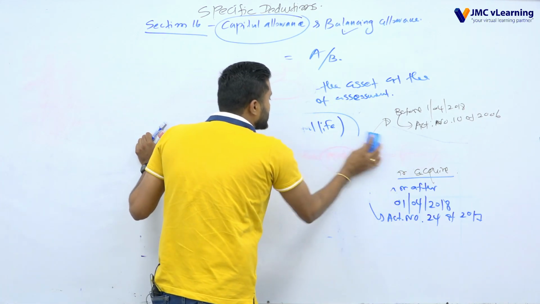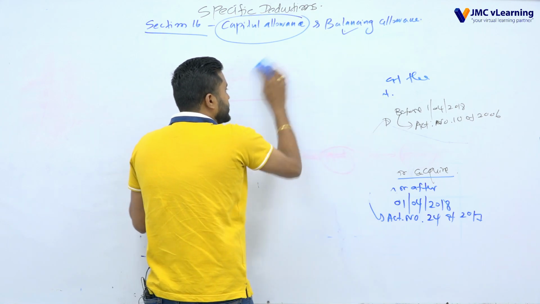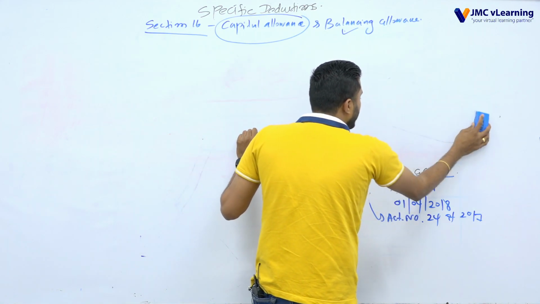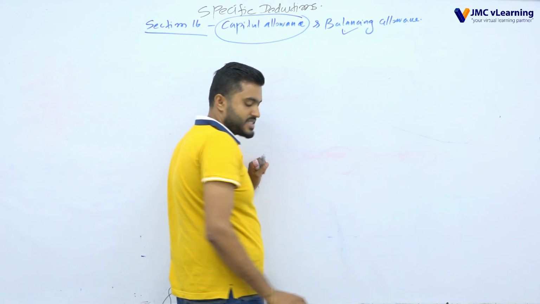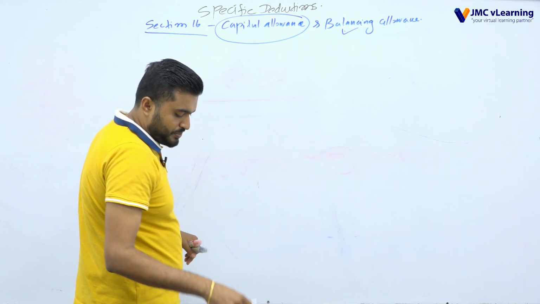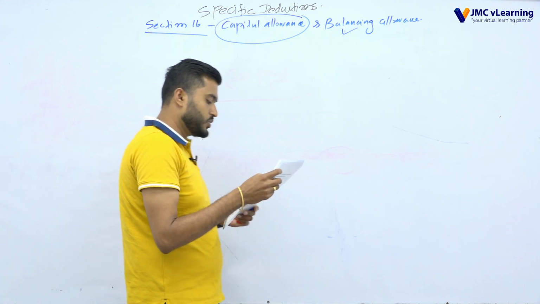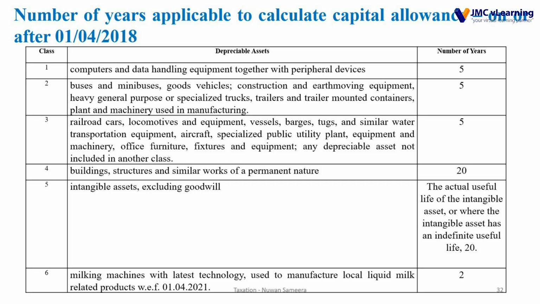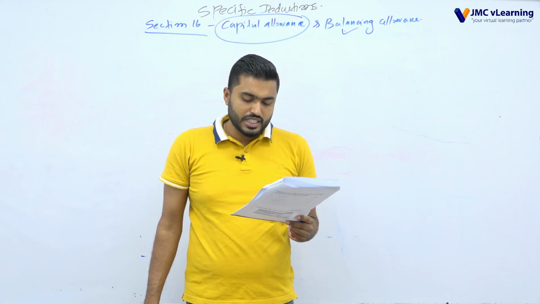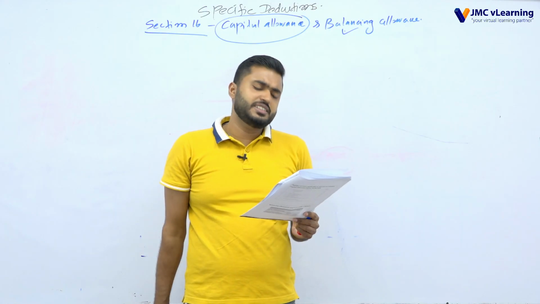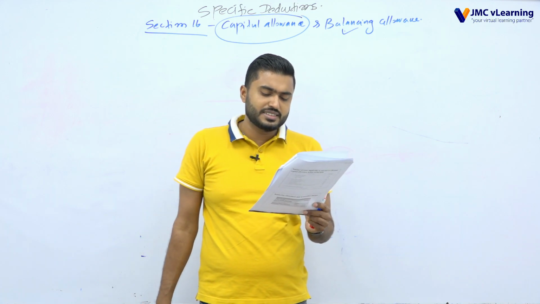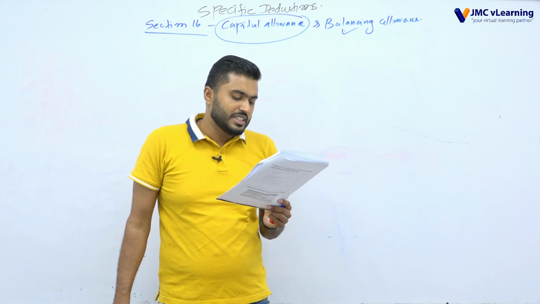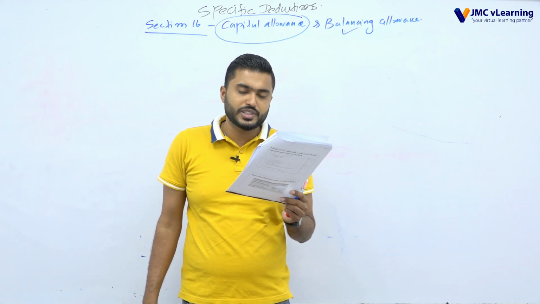As per the new Act number 24 of 2017, which was implemented after 1st April 2018, you can see in your tute they have given 6 classes. I will summarize these six classes. Keep in mind, these 6 classes are not an easy task, but in class 1 you know the useful lifetime is 5.